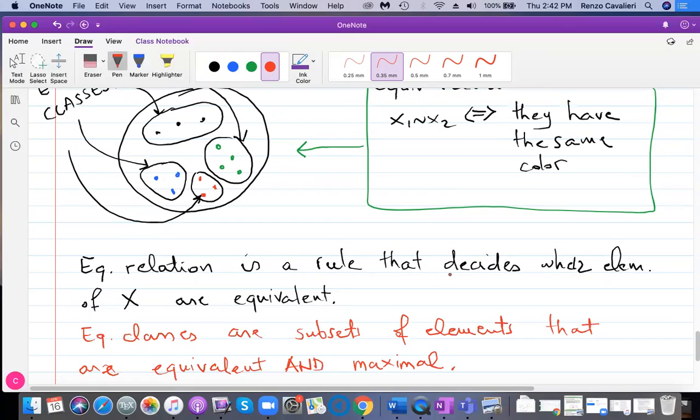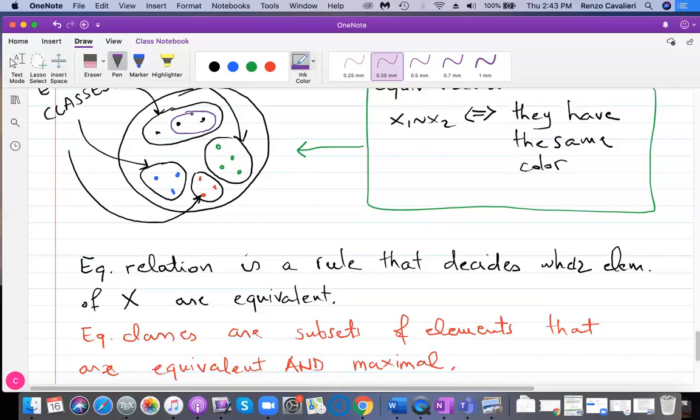What do I mean by this? If I take as a subset only 2 out of the 3 black elements, that is a subset of elements that are equivalent. But I don't want to consider that an equivalence class, because there's a 3rd black element out here that is also equivalent to them, right?